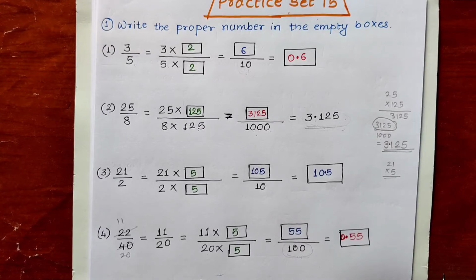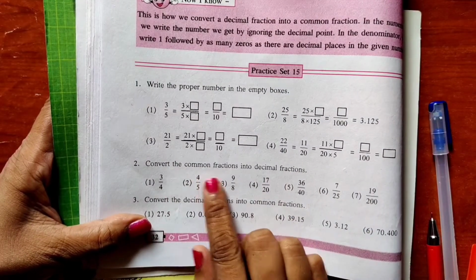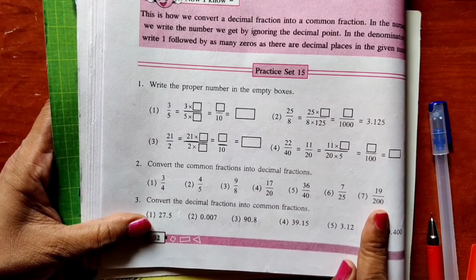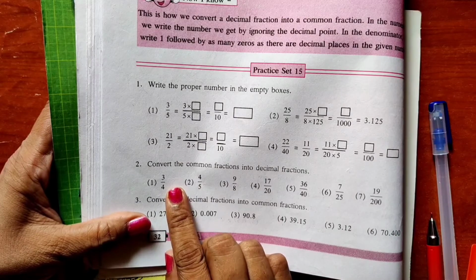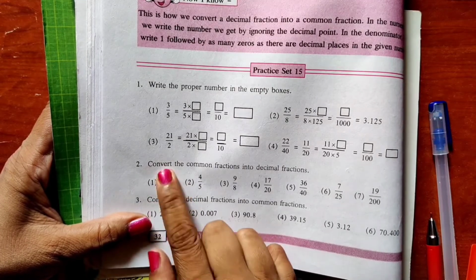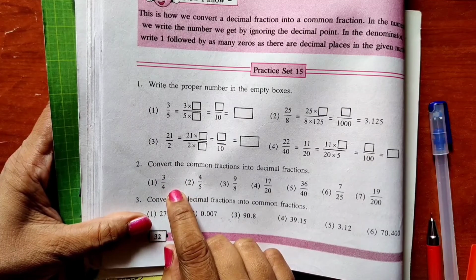Okay. Now let us go on to the second question. The second question is to convert the common fractions into decimal fractions. These are the common fractions and we have to convert them into decimal fractions. That means we have to convert them into numbers where we will get decimal points. So for conversion of these common fractions into numbers having a decimal point, what do we have to see?